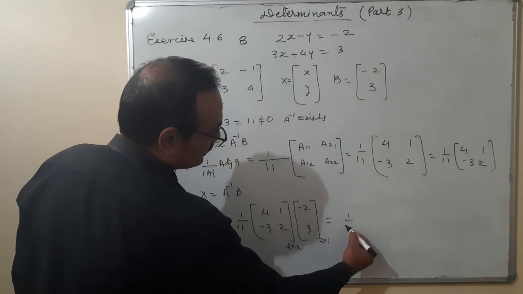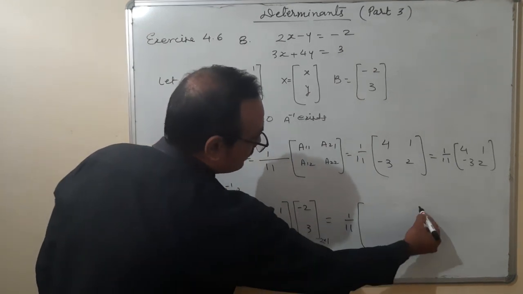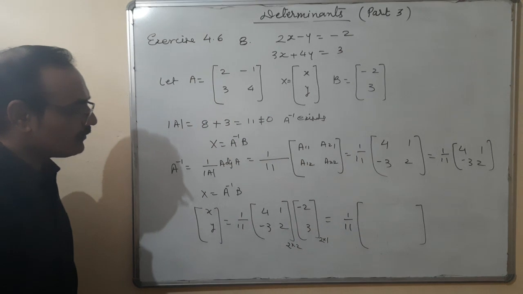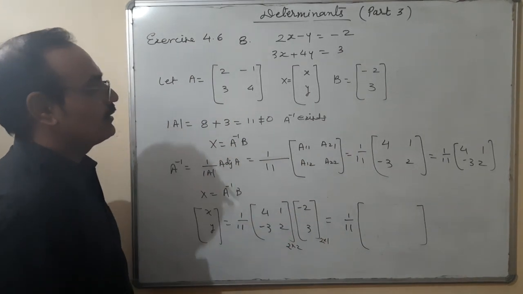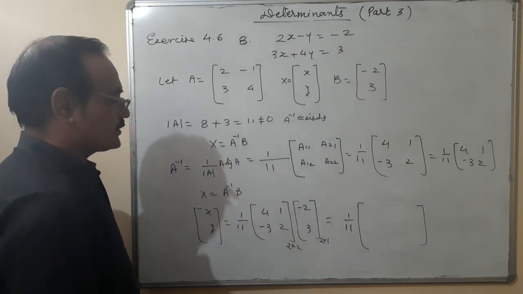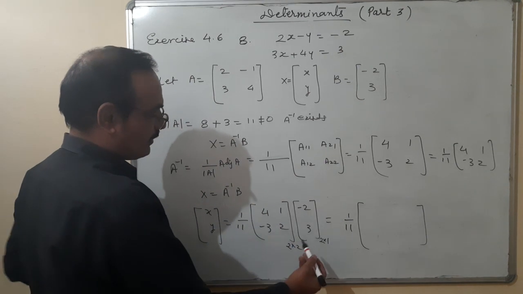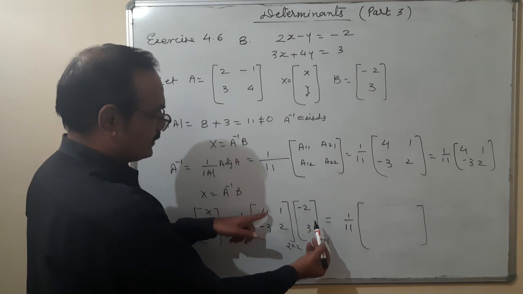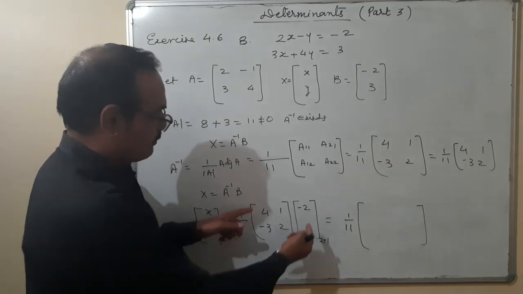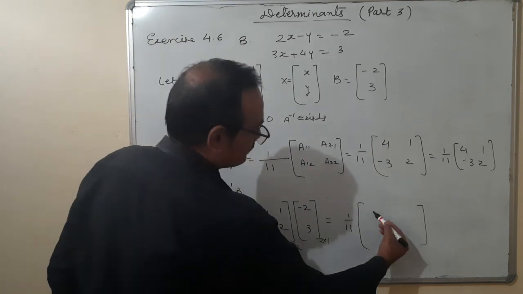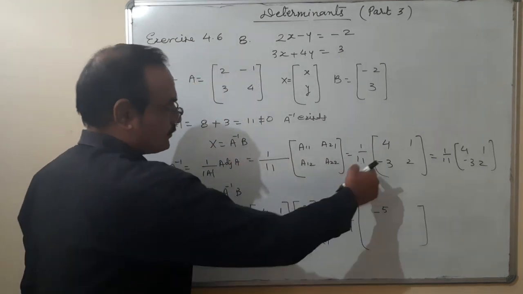1 upon 11 multiplied by first row multiplied by first column. Minus 8 plus 3, minus 5. Okay, first row first column.